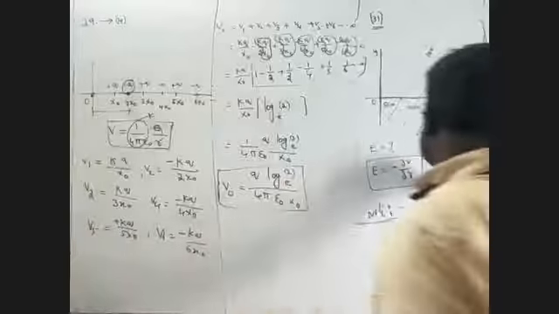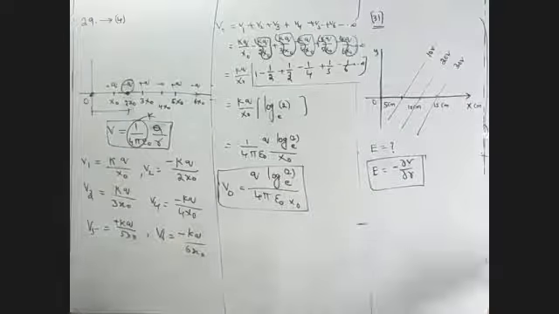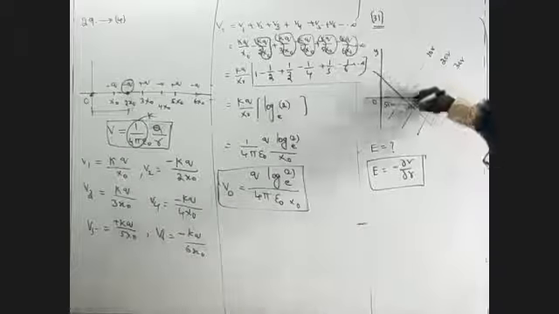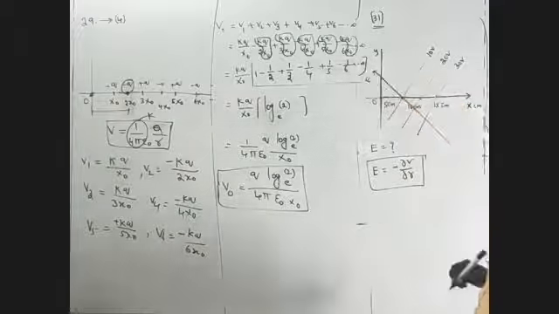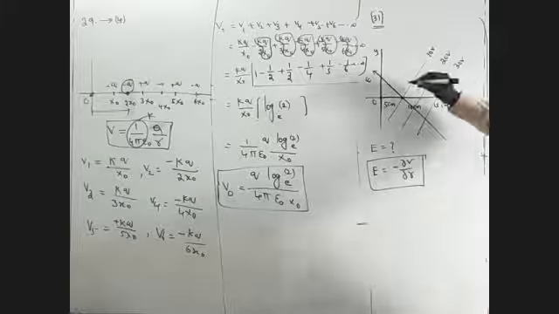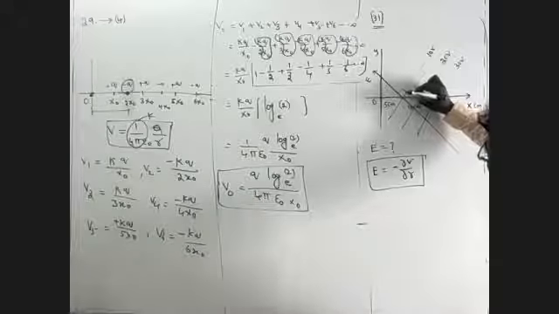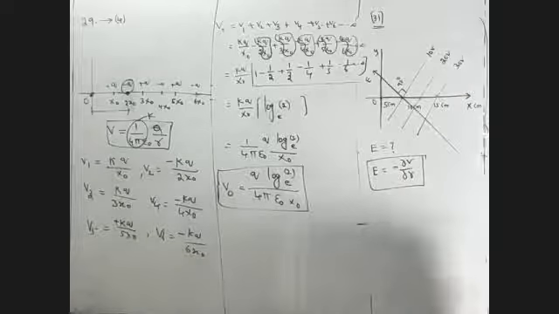Now I'm going to draw this E bar. Look carefully. So what is the angle here? Exactly, 90 degrees.